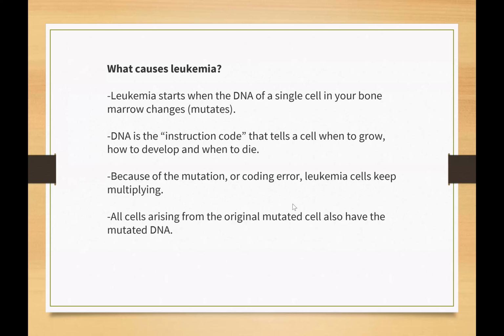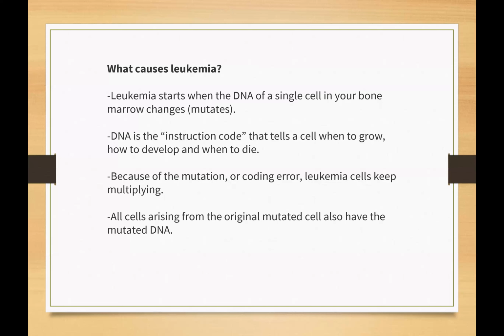So basically, a gene which is controlling normal cell division, if that gets mutated, it can cause leukemia, or a normal tumor suppressor gene, which is required for keeping a healthy cell in a non-dividing state, if that undergoes mutation, that also causes leukemia. So leukemia can be caused by way of mutations in proto-oncogenes or tumor suppressor genes.